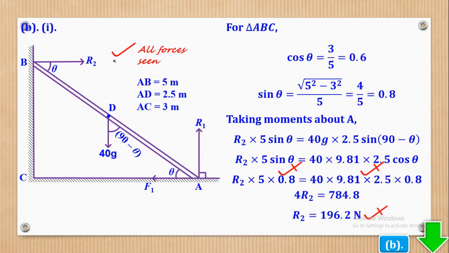The full mark is given for all forces correct, and these forces must be drawn using a ruler. Then half a mark for taking moments on the left hand side, the clockwise moment, and half a mark for taking the anti-clockwise moment. Then half a mark for making R2 the subject.